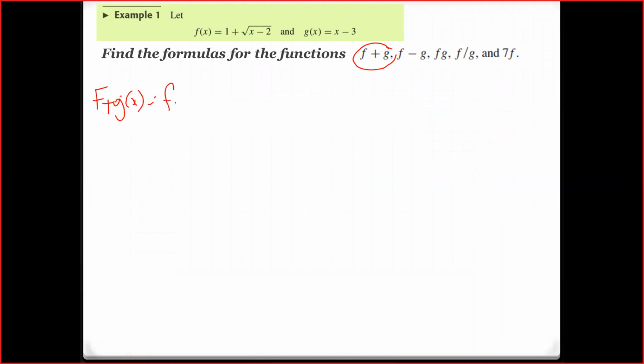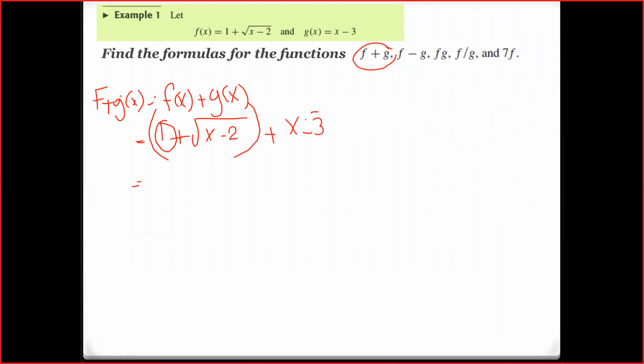It will be f of x plus g of x, which is 1 plus square root of x minus 2 plus x minus 3. Let's group them: 1 minus 3 is negative 2, plus x plus square root of x minus 2. So it will be square root of x minus 2 plus x minus 2.